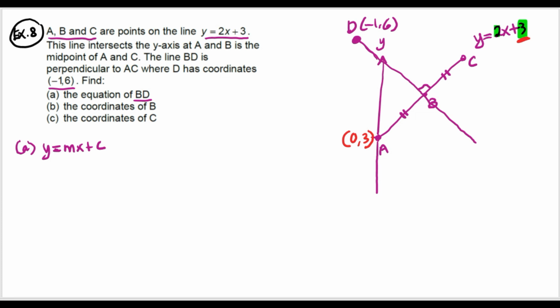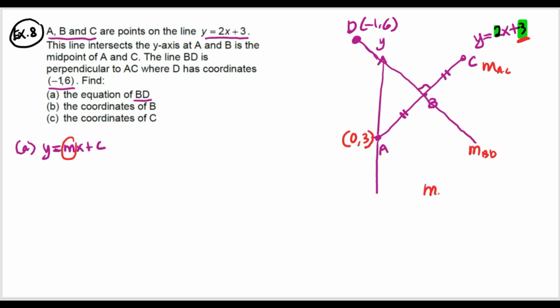Now you just need to find the value for m of BD. It is perpendicular to AC, so suppose this is m of AC and this is m of BD.